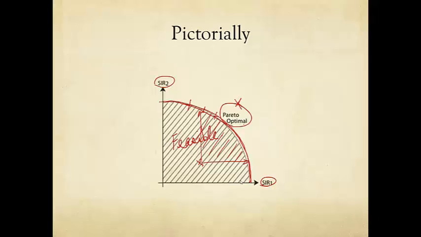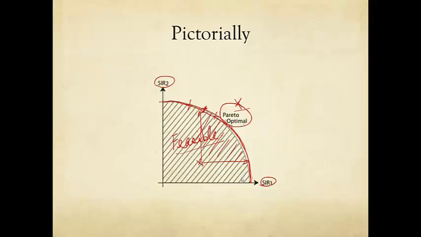In some sense, they are not directly comparable. Points inside are feasible but inferior. Points outside are infeasible, so don't even worry about those. Our job is to find a point that's at least on the Pareto optimal boundary. That means you cannot increase one dimension without hurting the other dimension. Those points form the boundary of this region.